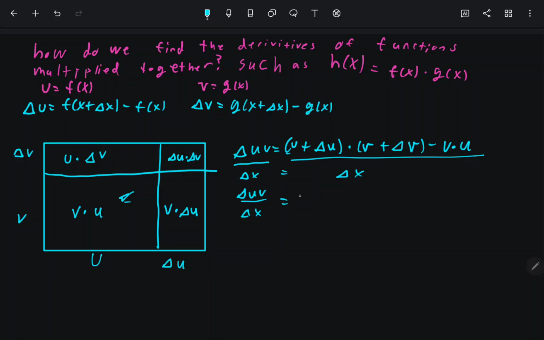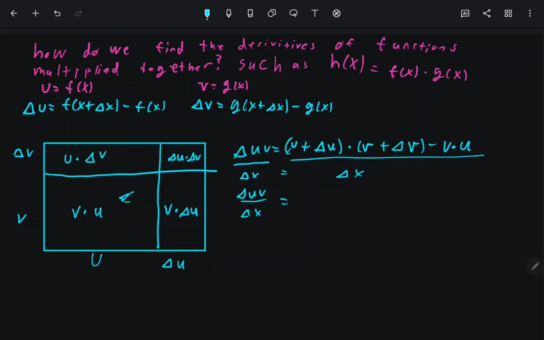Actually, what I want to quickly do is expand this expression out.